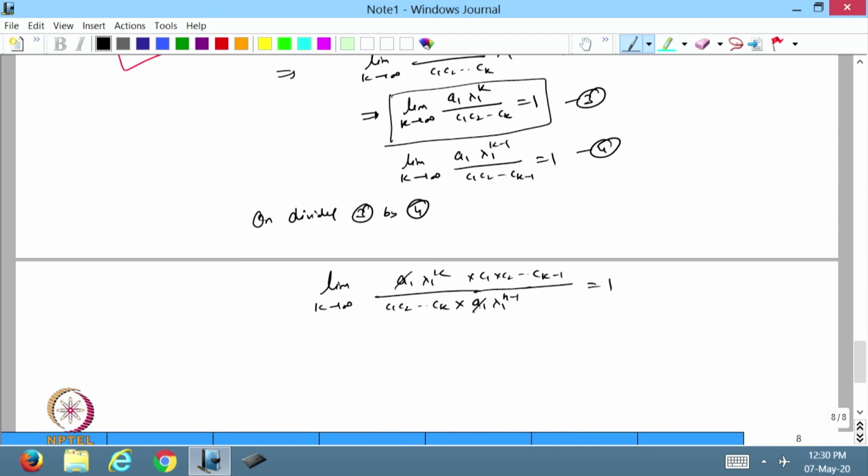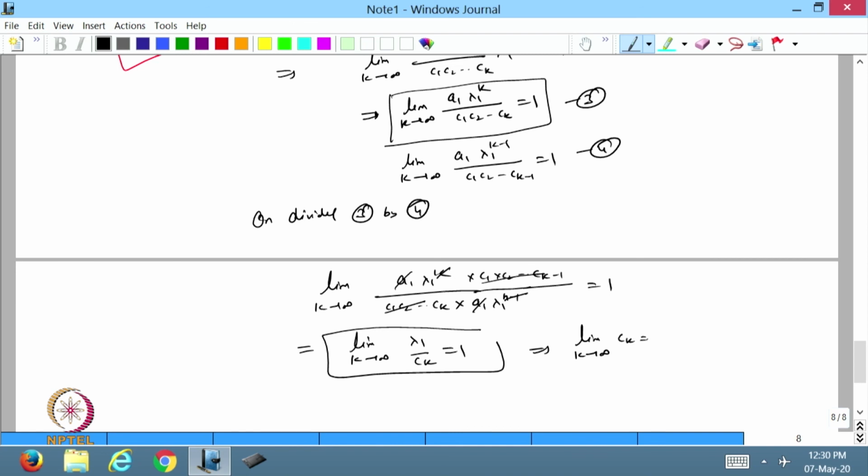So, this will cancel out with this, and this will cancel out with this. From here I will get the limit k tends to infinity lambda 1 over ck should be equal to 1. And from here I can say that the limit k tends to infinity ck will be lambda 1.